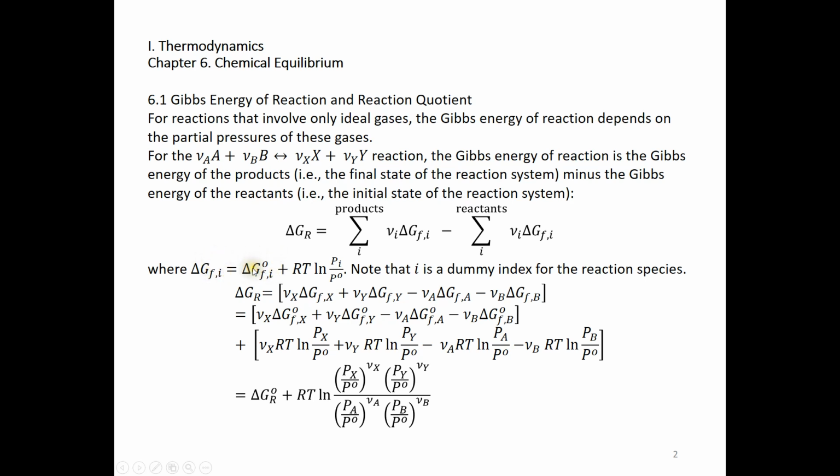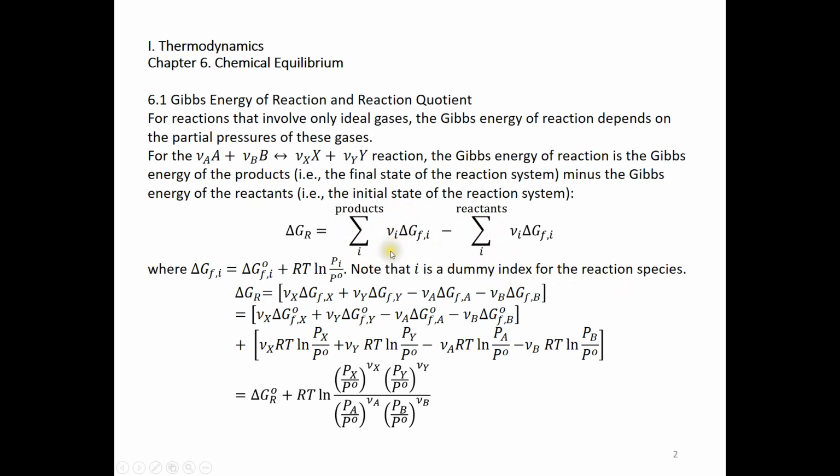This is the Gibbs energy of formation when the partial pressure of species I is exactly 1 bar. So there's a difference, and this RT times the natural logarithm of Pi over P naught takes the difference into account. Again, I is a simple dummy index for all reactant species here, and I is the dummy index for all products here.